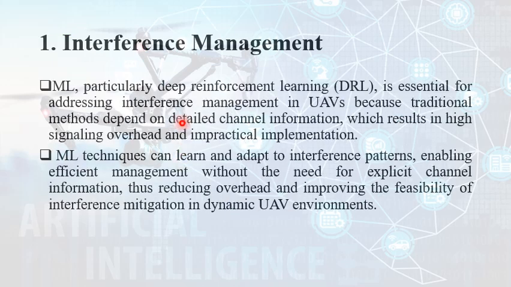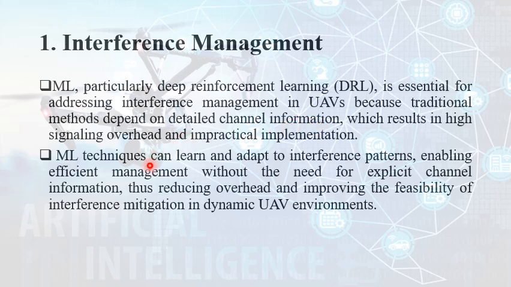Okay, the first challenge is interference management. Imagine a UAV assisted sensor network. A team of UAVs are flying over the ground and scheduling ground sensors. It is clear there is co-channel interference between these UAVs. Because the traditional method depends on detailed channel information, we need to use machine learning solutions to handle interference in UAV networks.